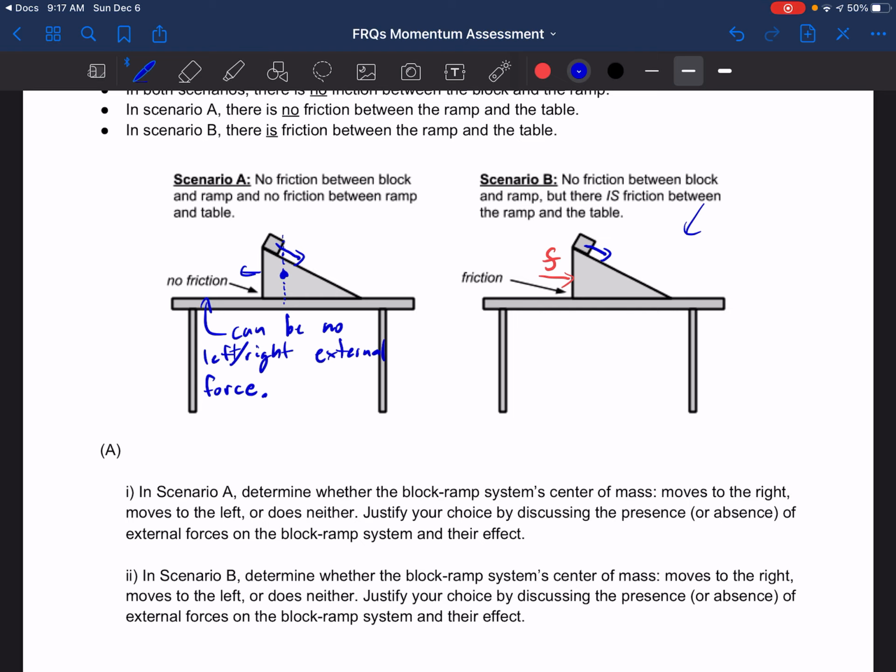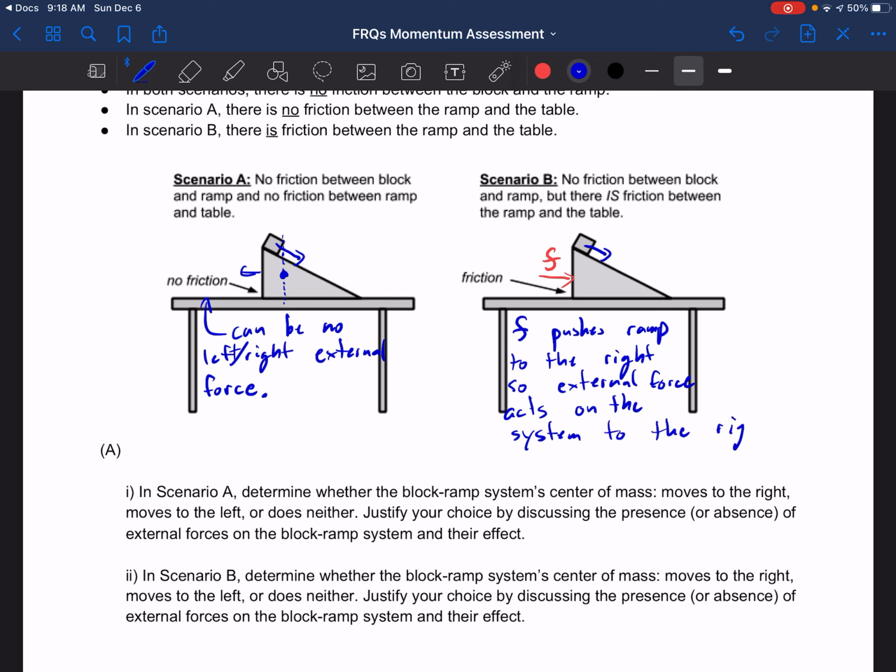So in this situation on the right, we could say something like: F pushes ramp to the right, so an external force acts on the system to the right, and the center of mass goes right.